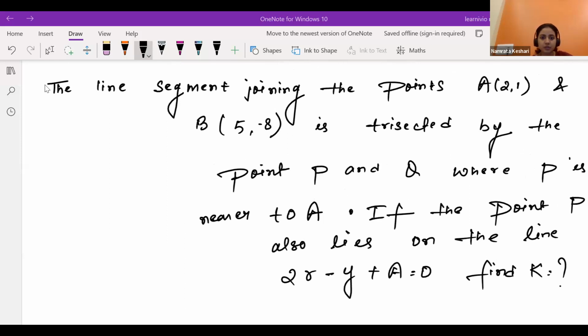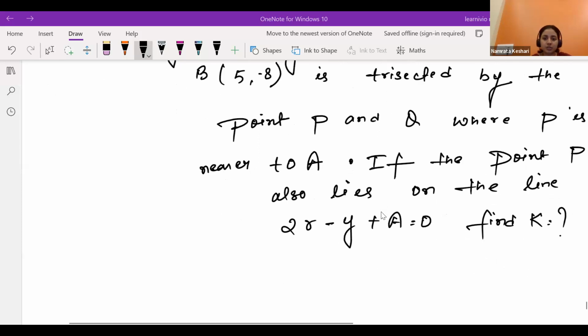Just a minute. I need to check this line's equation. This equation must be 2x minus y plus k. Okay, it must be like this. Then only we'll be able to find k.